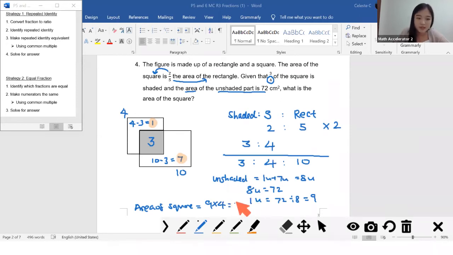So it should be 36. Alright, 36 cm square. So final answer, please remember your units.